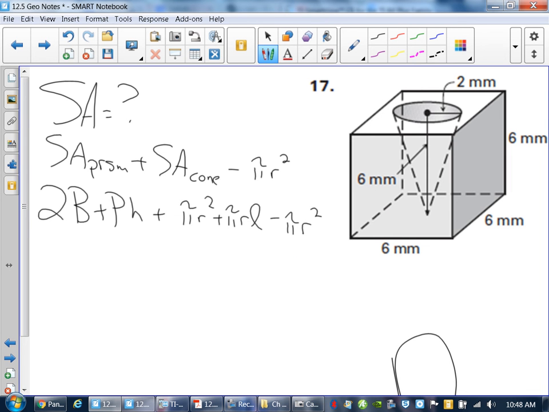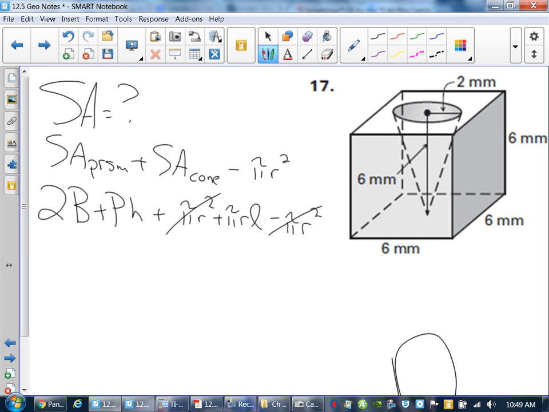All I've done here was write out the formulas that I would have to use. Then cross out the. Very good. Just like Hannah was saying, you can cancel out your pi r squareds right away because you're counting the same thing, and we don't need to worry about it because there's a hole there. Okay? So I know that I don't have to worry about the pi r squareds.